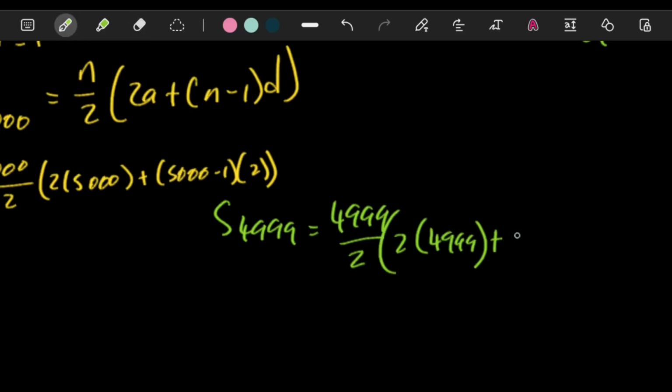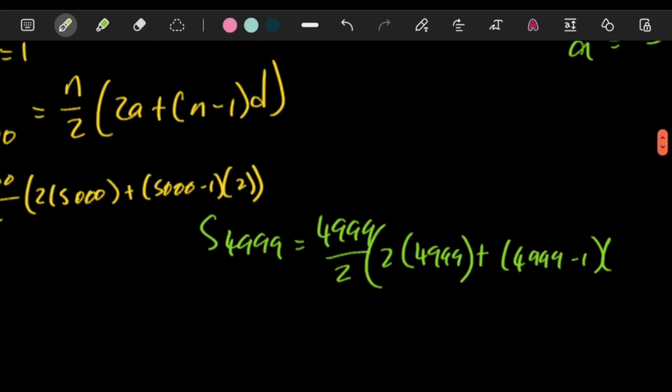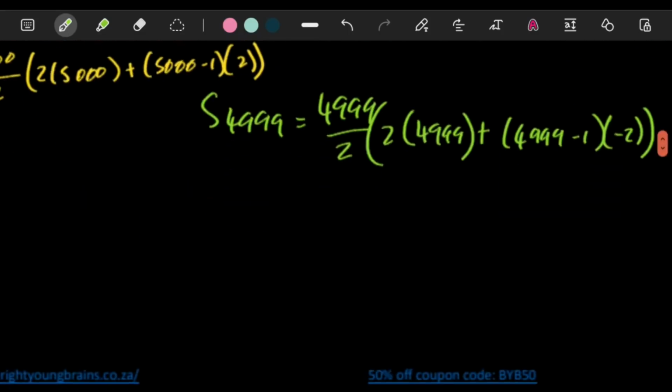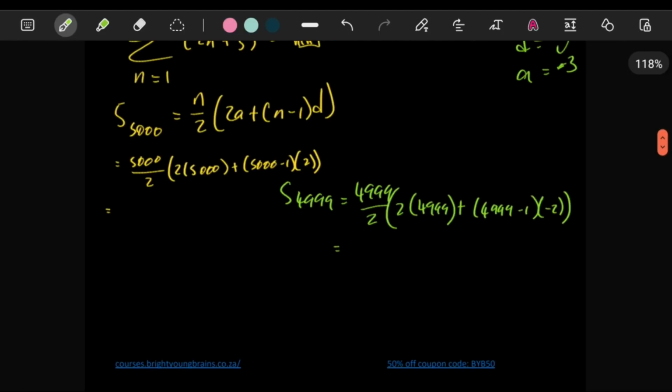What is your value of d now? Your value of d is negative 2. There you go. We're going to put the green in the calculator, and the yellow in the calculator as well. So putting all of these in the calculator, what do we have over there?